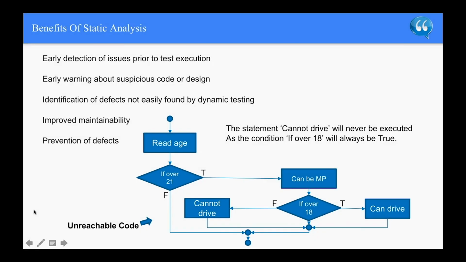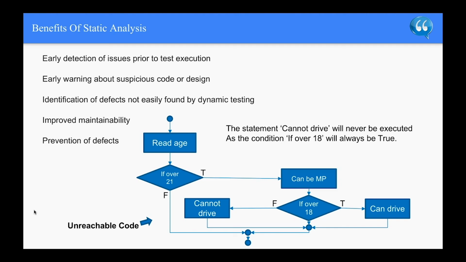Here is an example of the benefits of static analysis: early detection of issues prior to test execution, early warnings about suspicious code or design, identification of defects not easily found by dynamic testing, improved maintainability, and prevention of defects.